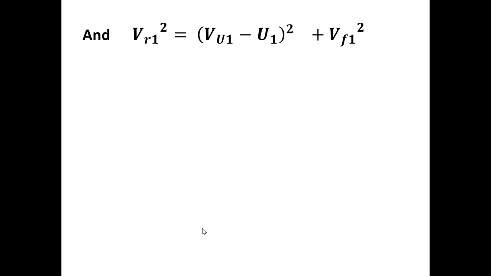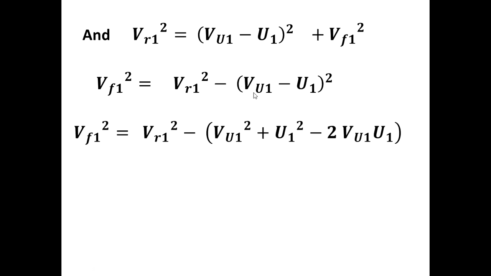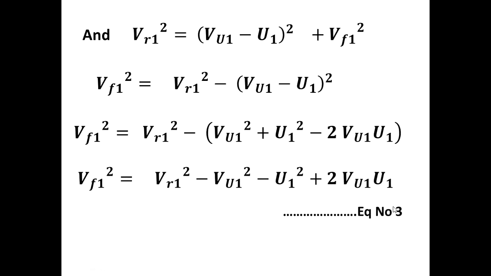Next, VR1 square is equal to (VU1 minus U1) whole square plus VF1 square. Alternating VF1 square in this equation and expanding with the (A minus B) whole square formula, VU1 square plus U1 square minus 2 VU1 U1, then multiplying the negative inside, you will get this equation. Call this equation number 3.